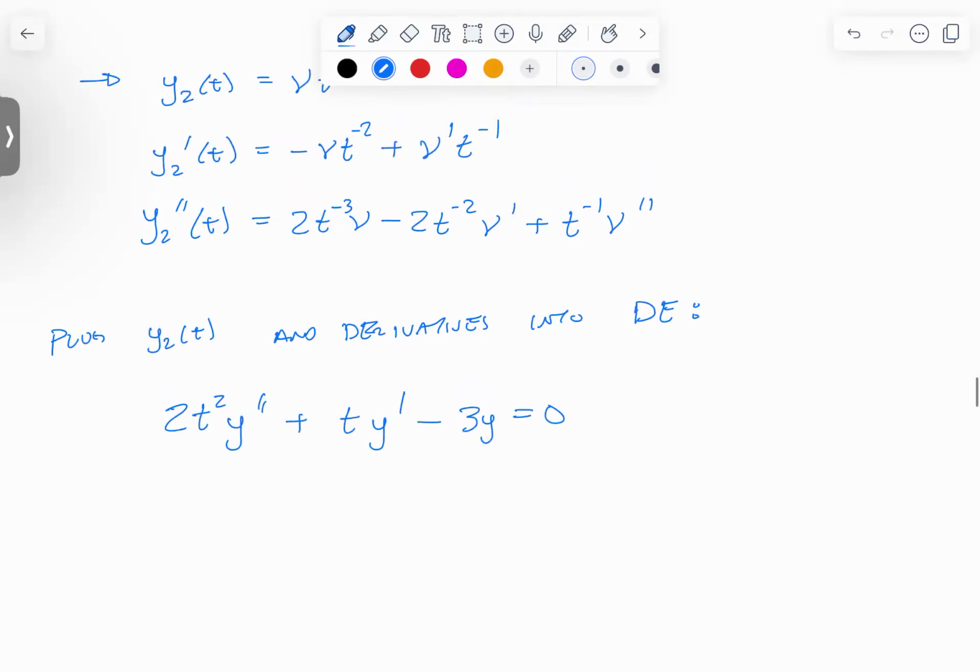So we have our equation, then we have to plug all these derivatives into it.